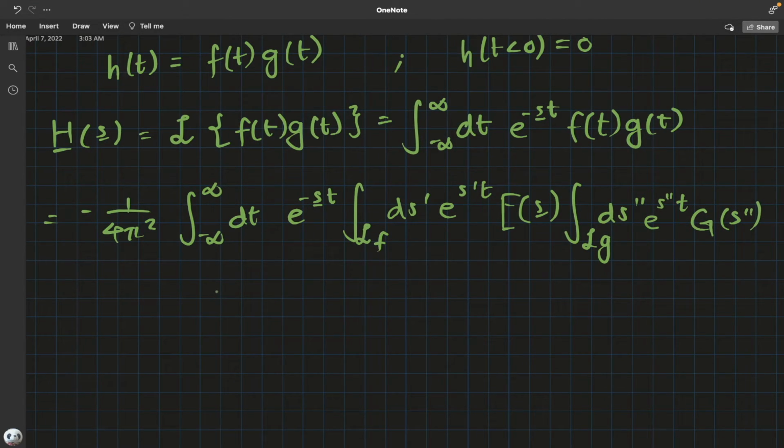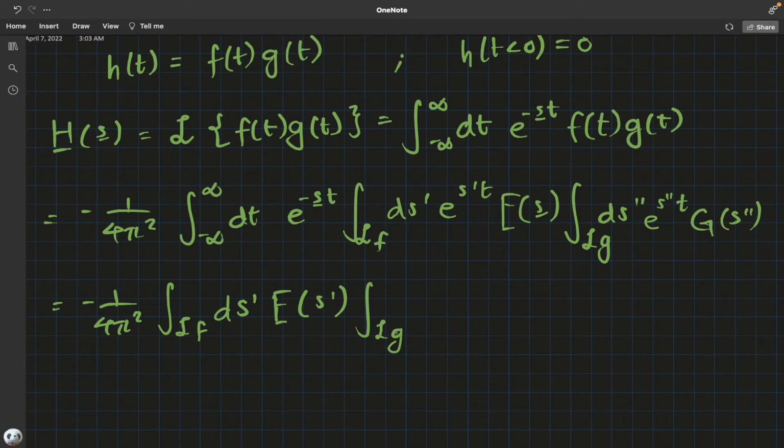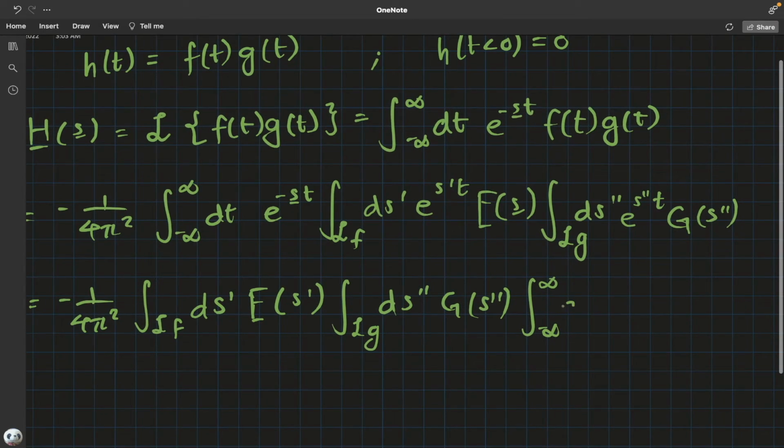Okay, so now what do we do? Well, as before, just group some terms. So we'll have to group the t integral terms, usually the exponentials, because those will generate the Dirac delta under the appropriate condition that we will restrict.